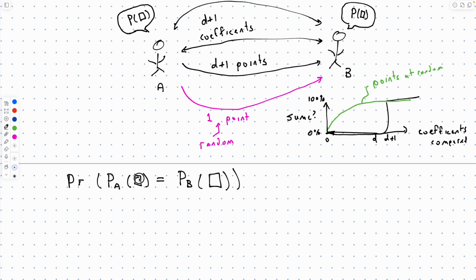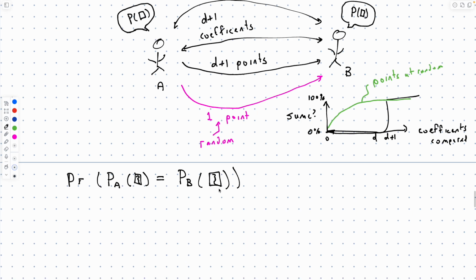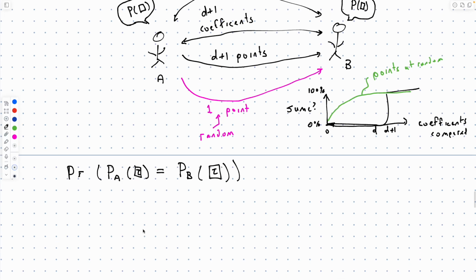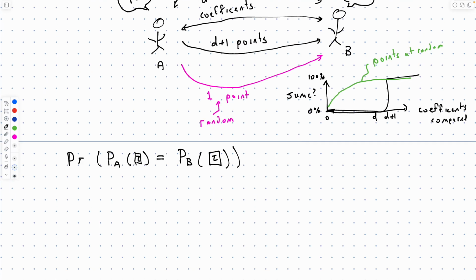I'm going to use a really fancy Greek letter, a squiggly one, which is zeta. Actually, I reversed my thinking on this. I'm going to use tau instead. I like tau. Okay, so what's the probability that Alice's polynomial at tau is the same as Bob's, where tau is randomly chosen?